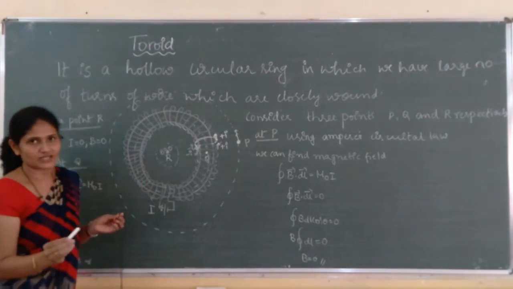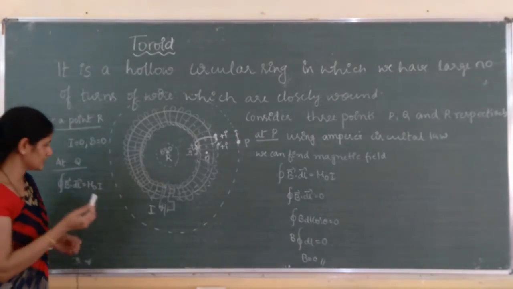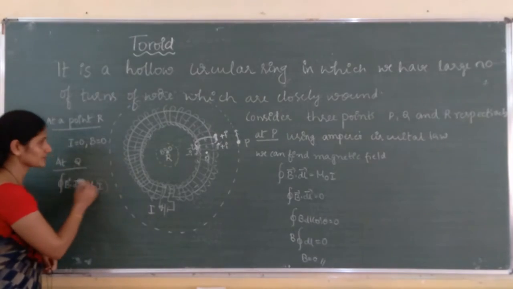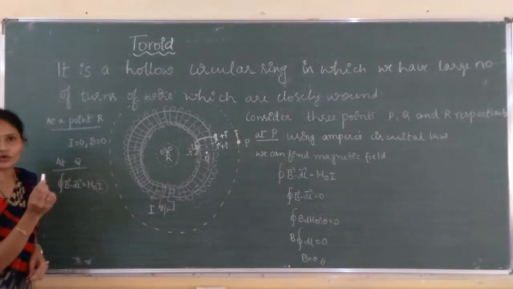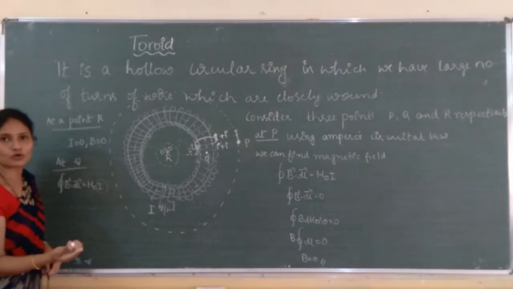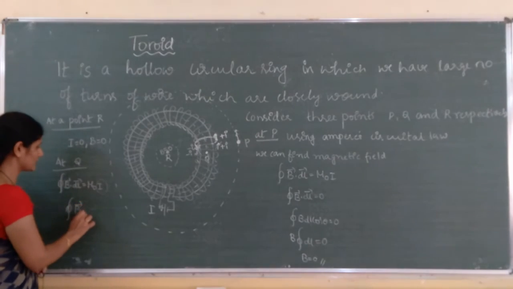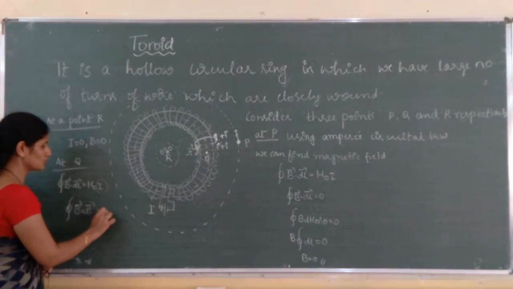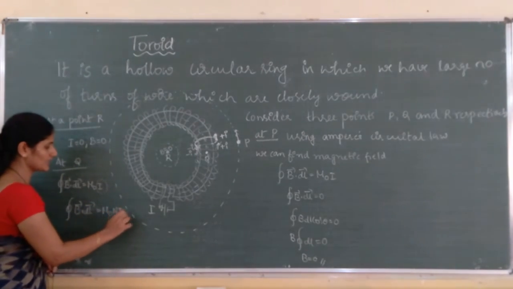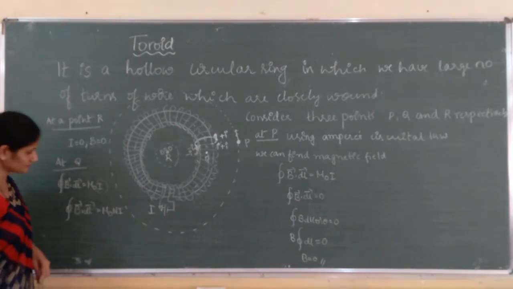If they are in the same direction, then the net current is nothing but the sum of all the currents. If I is the current flowing through one turn, then what is the current flowing through N number of turns? N into I. So, B vector dot dl vector is equal to mu naught N into I, where N is the total number of turns in the toroid.